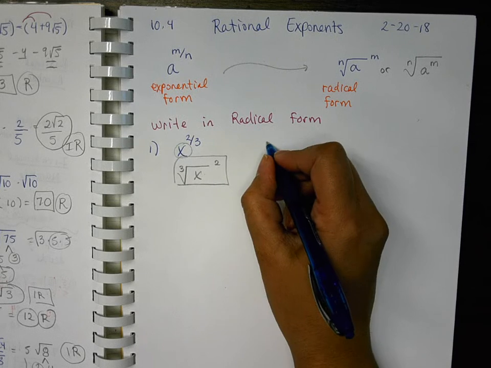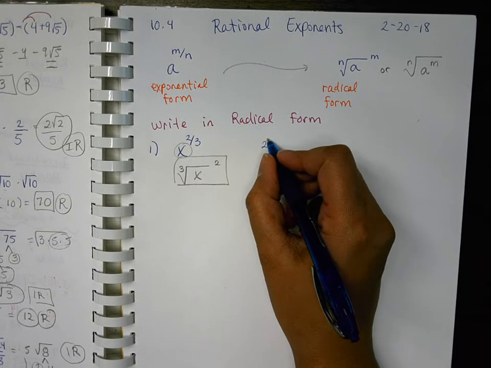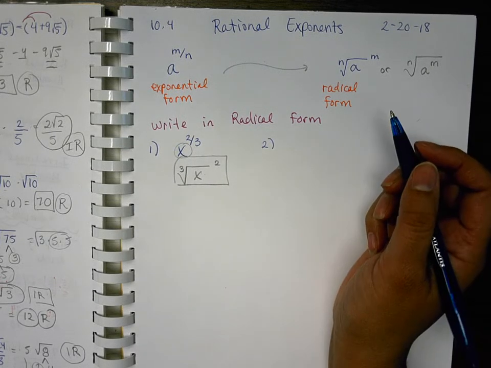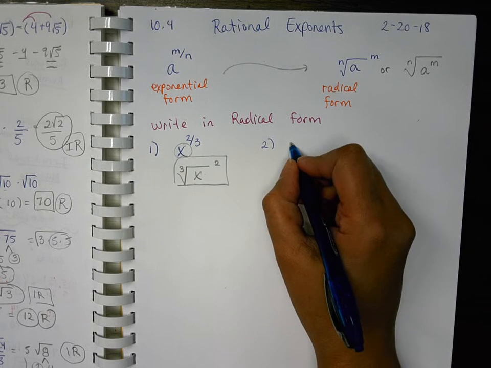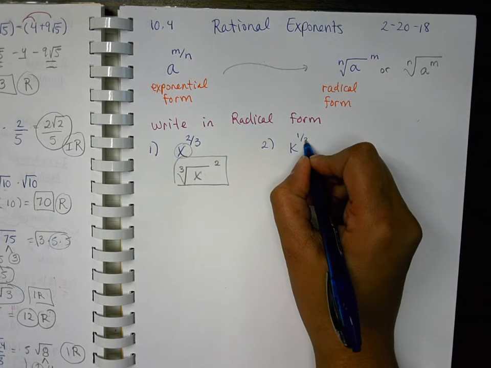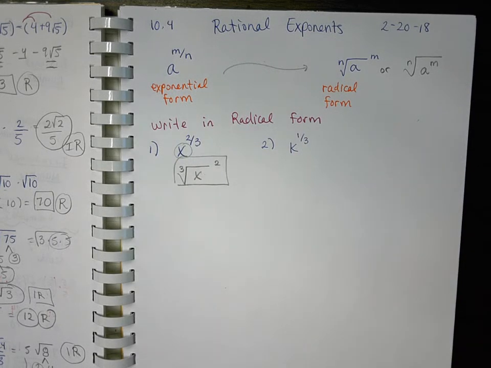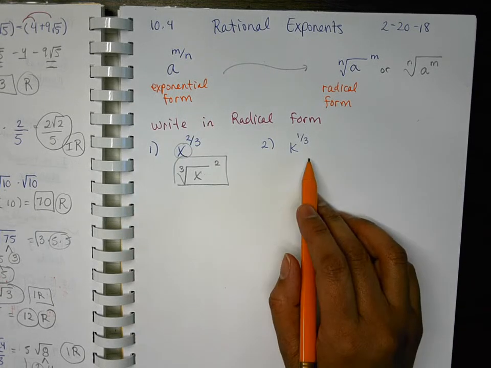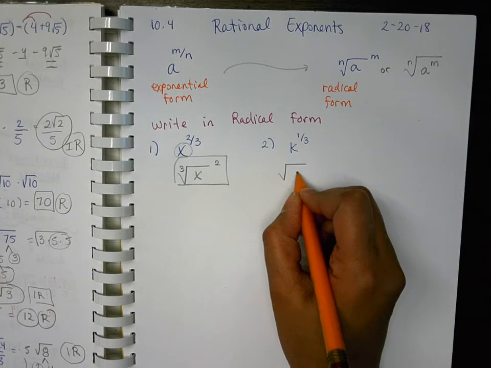Okay. Number 2. K to the 1/3. Will it always be a variable? No, we're going to see one with the number in just a little bit. K to the 1/3. Okay, so radical, K goes on the inside.